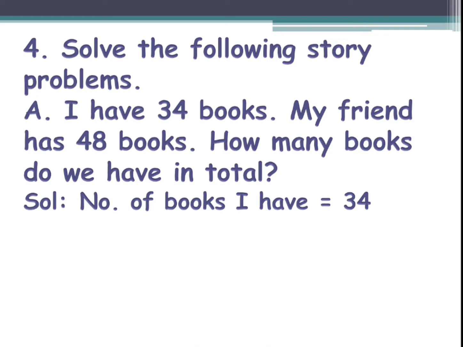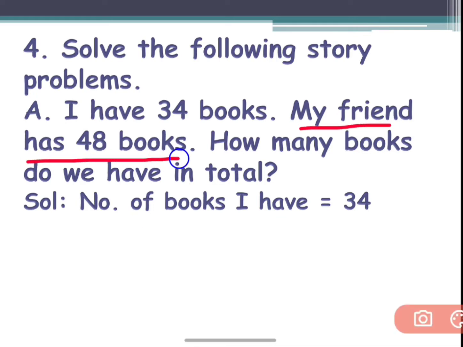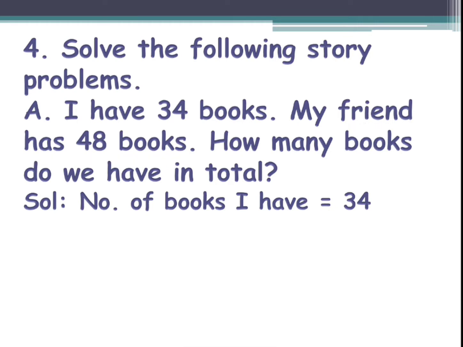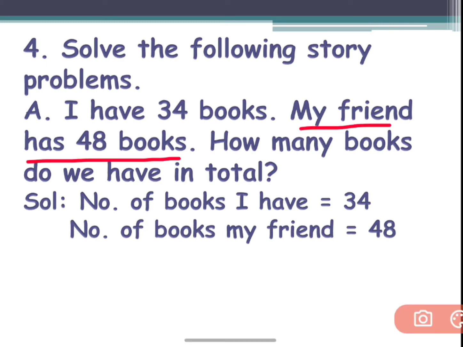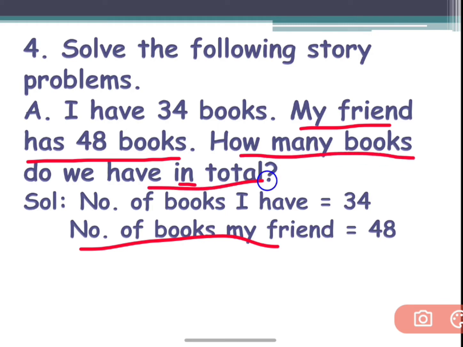Next, what do you have? My friend has 48 books, isn't it? So for that, what we need to write is number of books my friend has is equal to 48. That's what you have mentioned here, isn't it? Now what we need to find is how many books are in total.